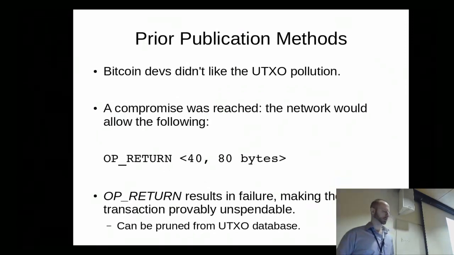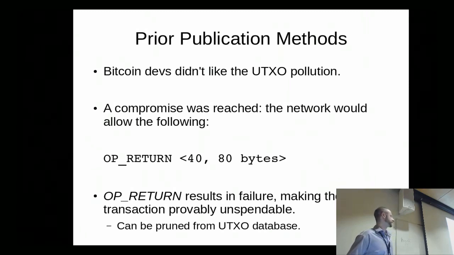So yeah, like I said before, the developers really didn't like this UTXO pollution. So they came up with a compromise. Like I said before, the Bitcoin network has a scripting language. So one of the opcodes is OP_RETURN, which in programming languages is basically saying like return false.